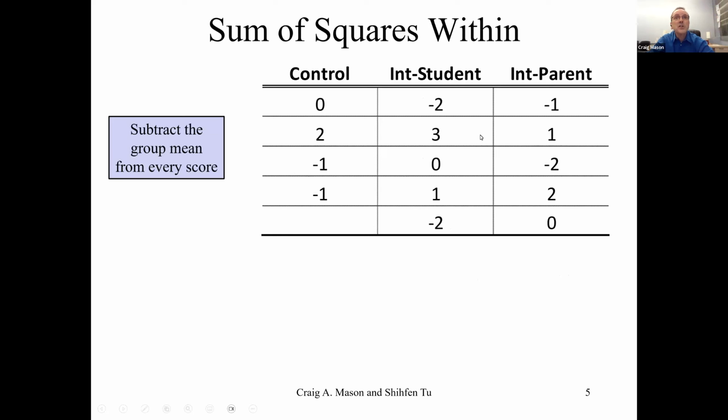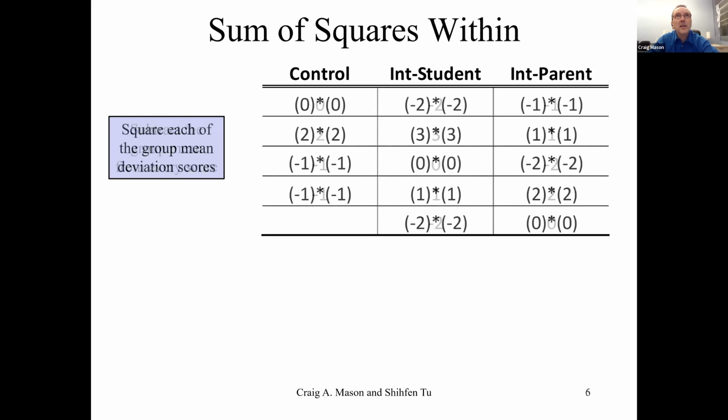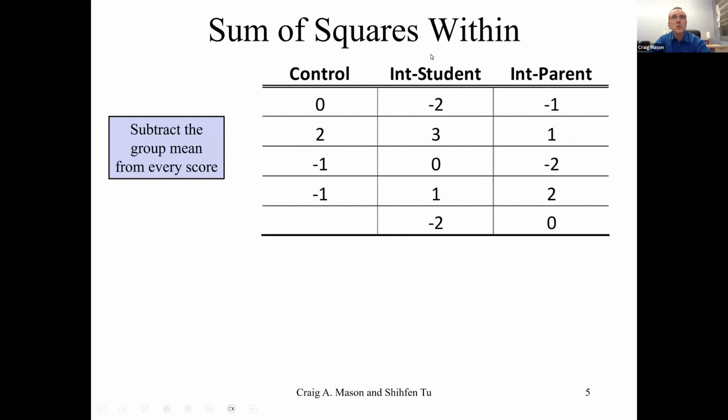Those are our deviations from group means, not the grand mean. It's their deviation from each group mean, right? And to get the sum of squares, we need to square those deviations, because each column is going to cancel out, right?